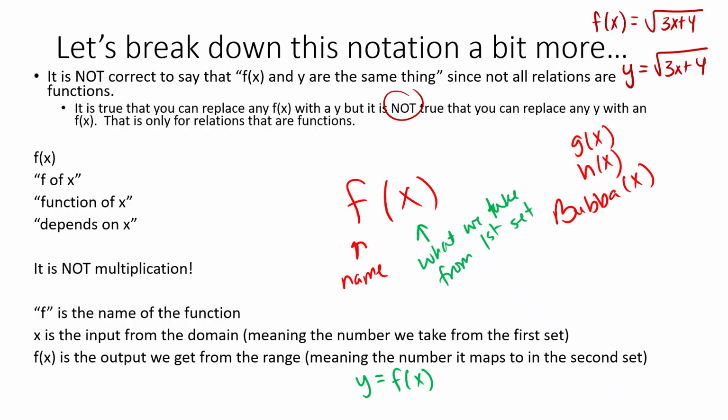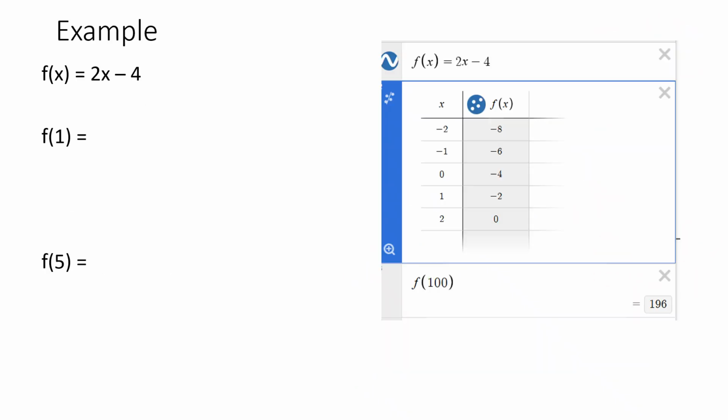So back when I had that diagram, instead of calling the second set y, we might call it f of x, just to indicate that this set fits that special kind of relationship as related to this set. And so we've got the input, like, what are we taking from the first set? And then f of x is what we're taking from the second set.